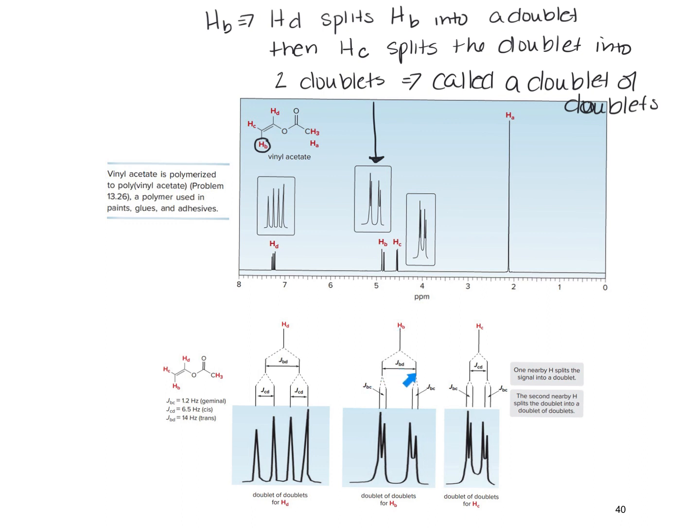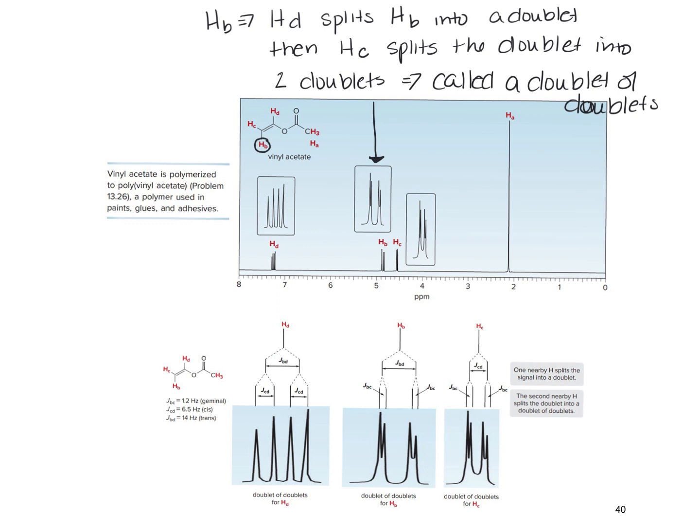It's split into the two peaks, and then it's split one more time, and there's our doublet of doublets. Notice that we also get a doublet of doublets for HC, and then we get a doublet of doublets for HD.